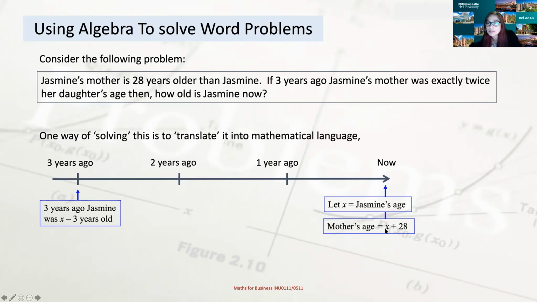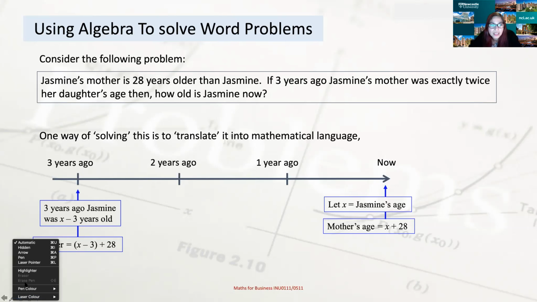What will her mother be then? 3 years less than this, isn't it? So she will be x minus 3 plus 28, or I can say x plus 28 minus 3. It's the same. There's nothing wrong in it.